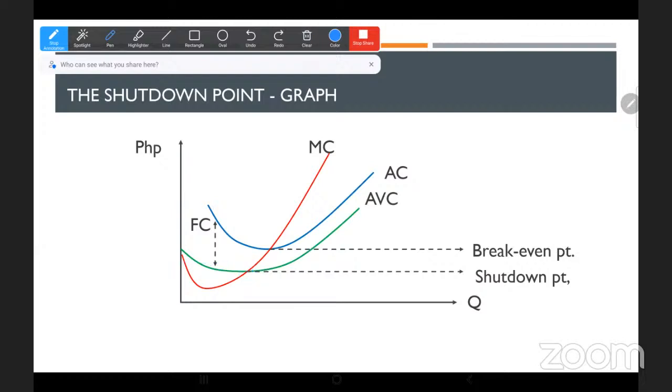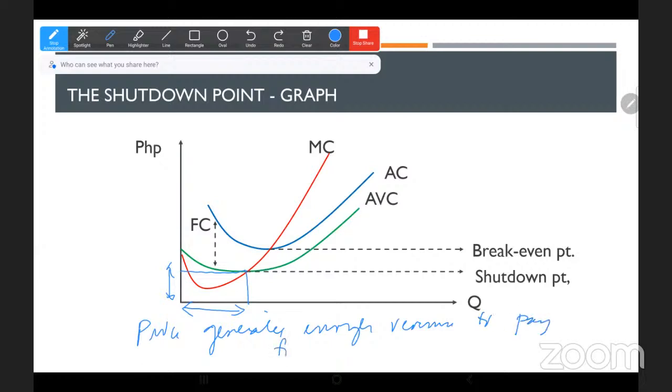So ang shutdown point is the point wherein the price, this one, this is the shutdown point. The price is this, representing quantity this much. All right, so the shutdown point is the point wherein the price generates enough revenue to pay for only the variable cost.